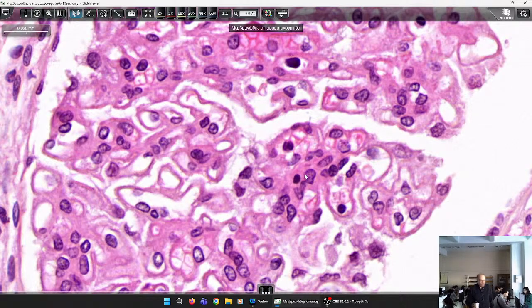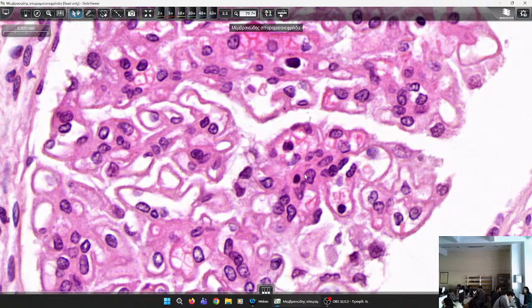This is how the membranous glomerulopathy is diagnosed, and another feature for the nephrologist is to define whether the membranous glomerulopathy is primary or secondary. That means, of course, it starts from damage in the glomeruli, but does the kidney participate in a systemic disease, or is it only a disease of the kidney?